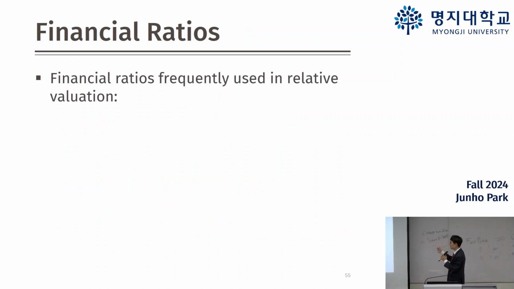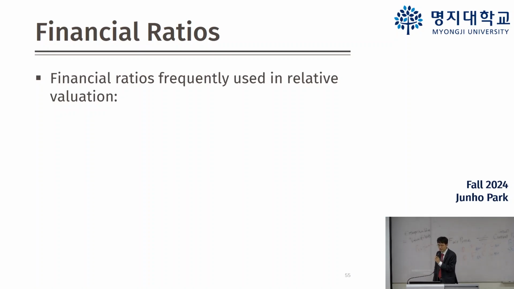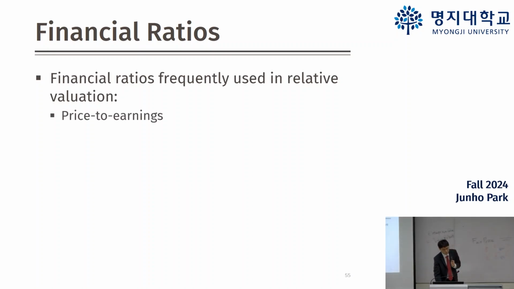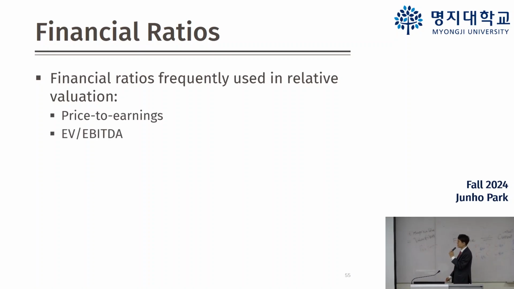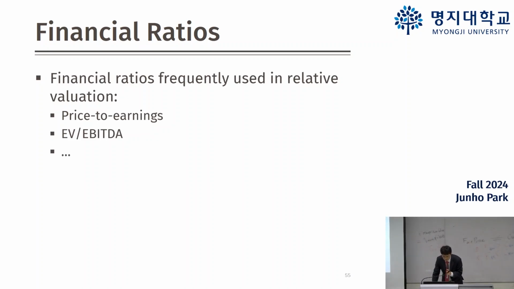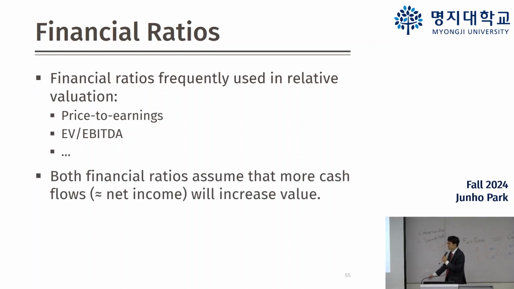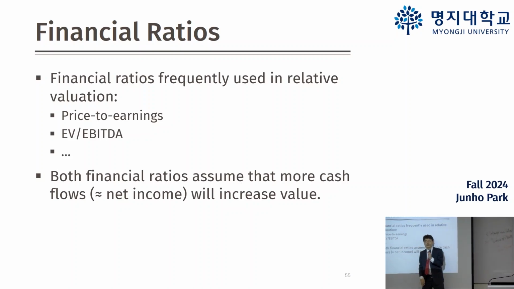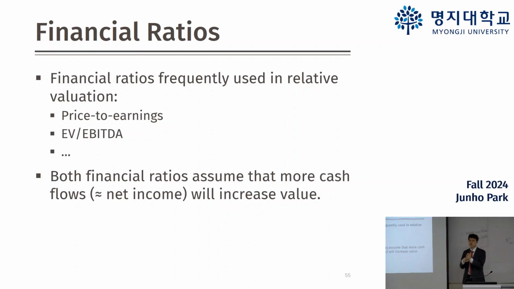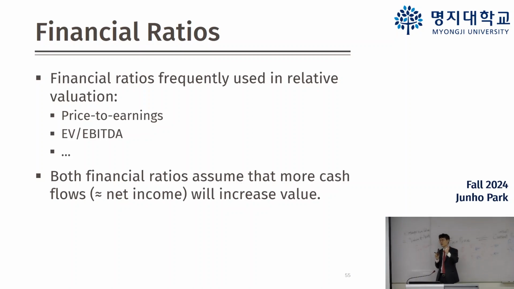So the first part, the frequently used financial ratios. Let me introduce 2 most popular ones. First, price to earnings, and second, EV/EBITDA. Let me begin with the price to earnings. But in a nutshell, these two ratios have something to do with the estimation of cash flows.